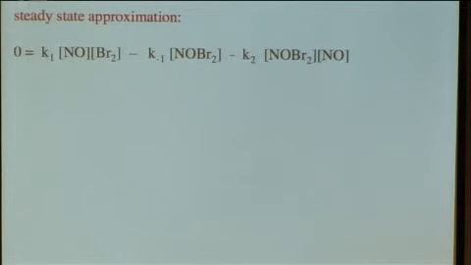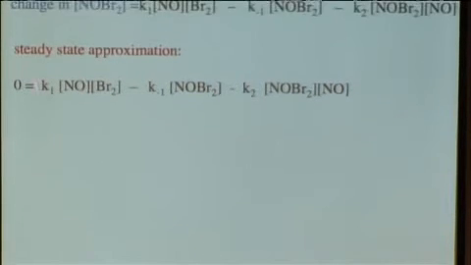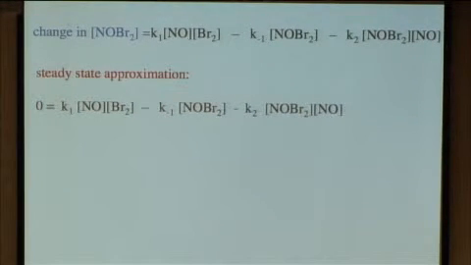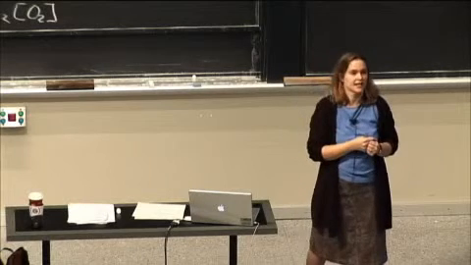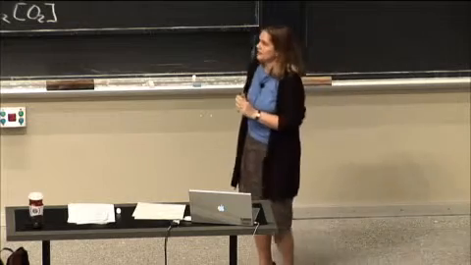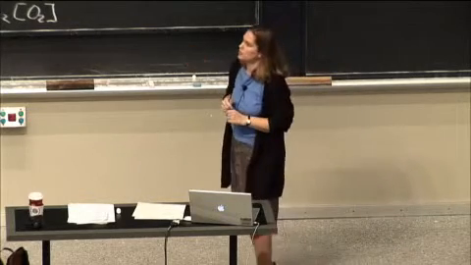So the steady state approximation lets you set this entire term equal to 0. Sometimes a question you might get is to say what the steady state approximation is, so you should be able to articulate that in words as well as use it on a problem.